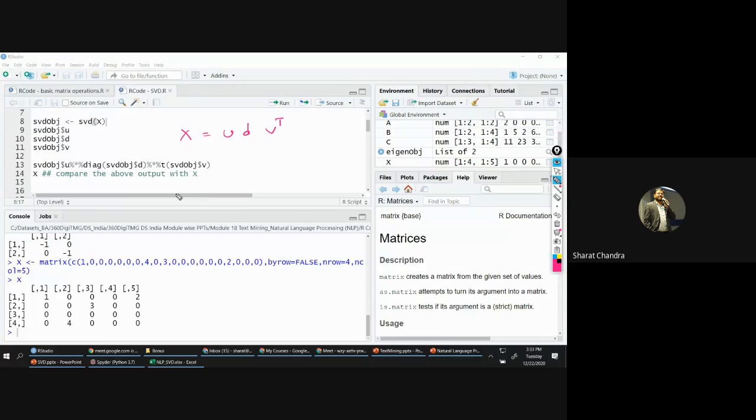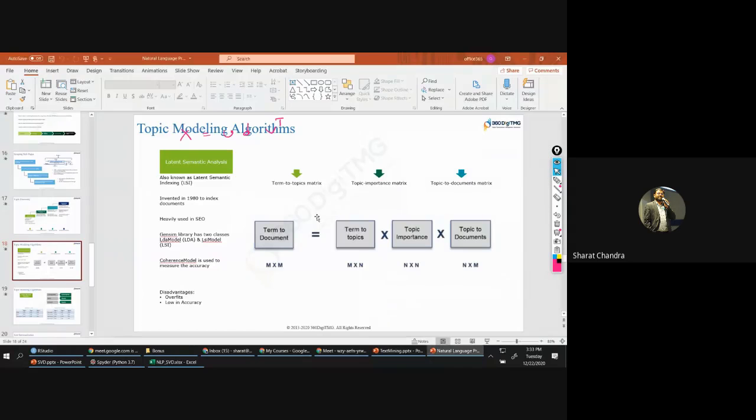Now, in our LSI algorithm, you can look at this image. This is your X, which is of dimension M by N, assume. This is your DTM, or TDM. We are converting that, if it is TDM, into terms to topics. Basically we are getting terms and topic importance.